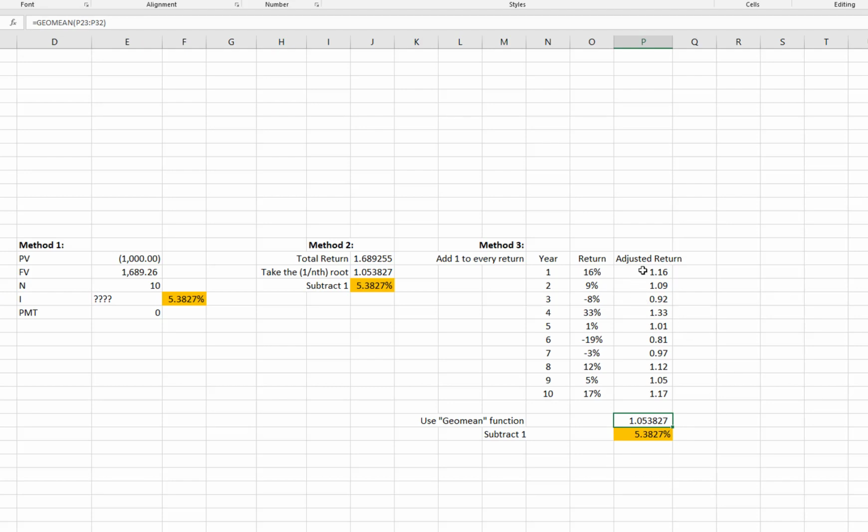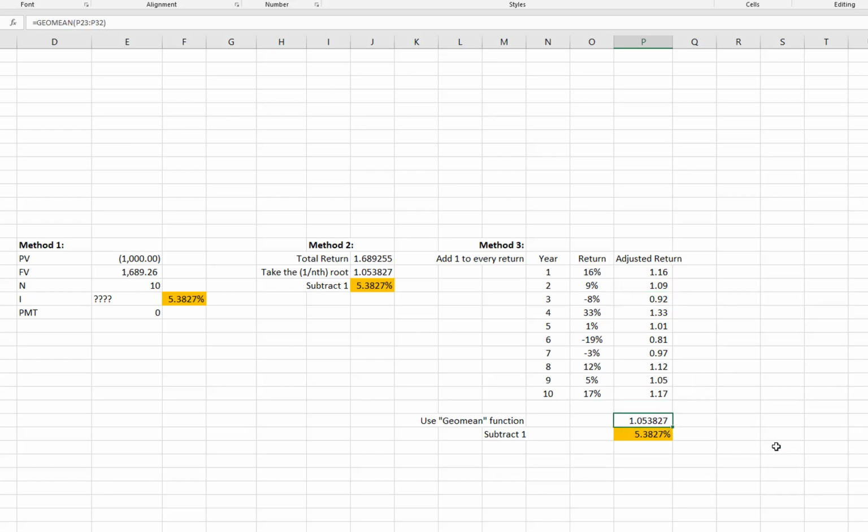What I'm doing in this column is adding 1 to the corresponding year's return. So in this case I got 1.16, 1.09. This year we had a negative return, so my adjusted return is going to be less than 1, in this case 0.92. And again, I do that for all 10 rows, all 10 years of returns.